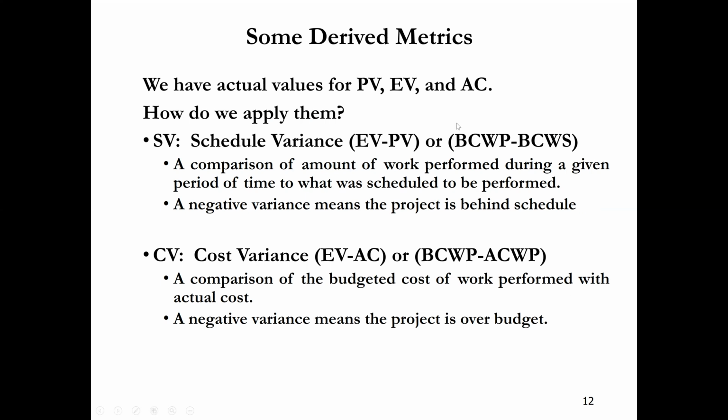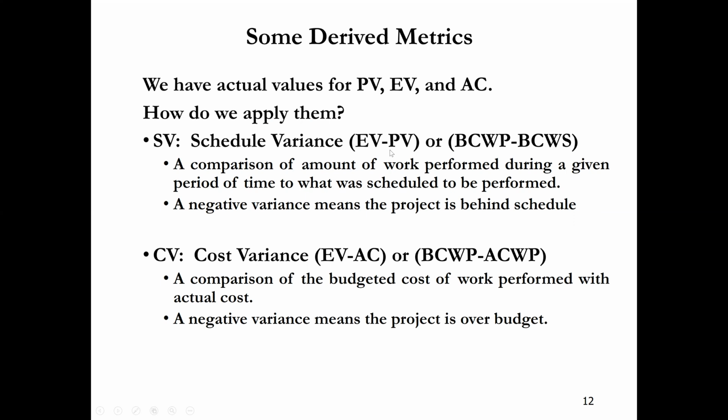We can remember it either way: EV minus PV, or BCWP, budgeted cost of work performed, minus BCWS, budgeted cost of work scheduled. If this value is negative, it means we are behind schedule.